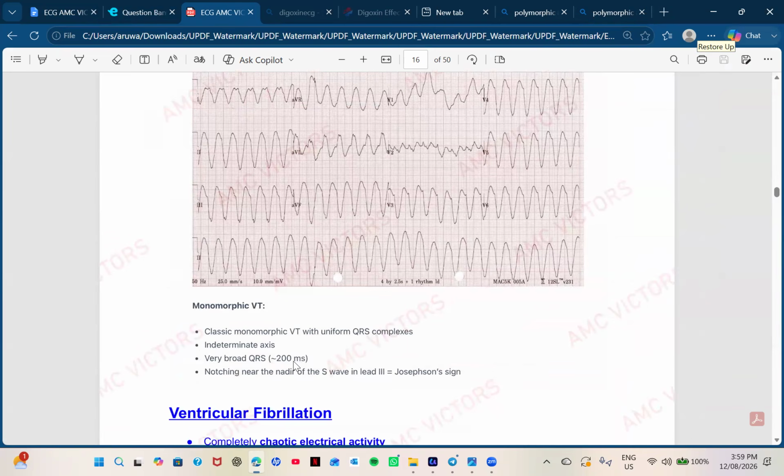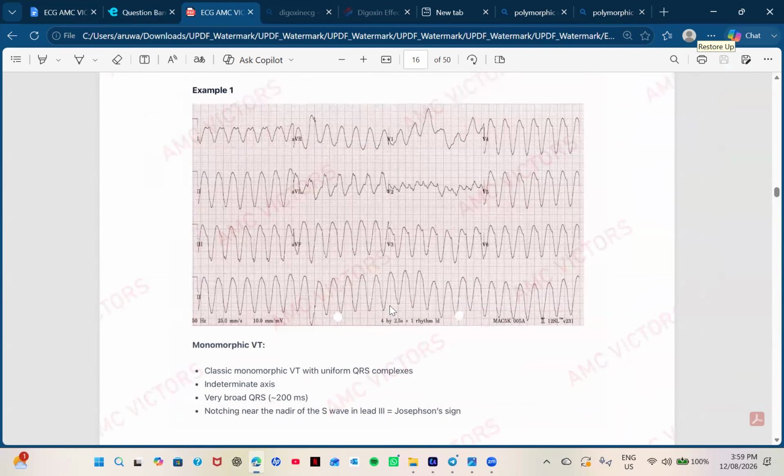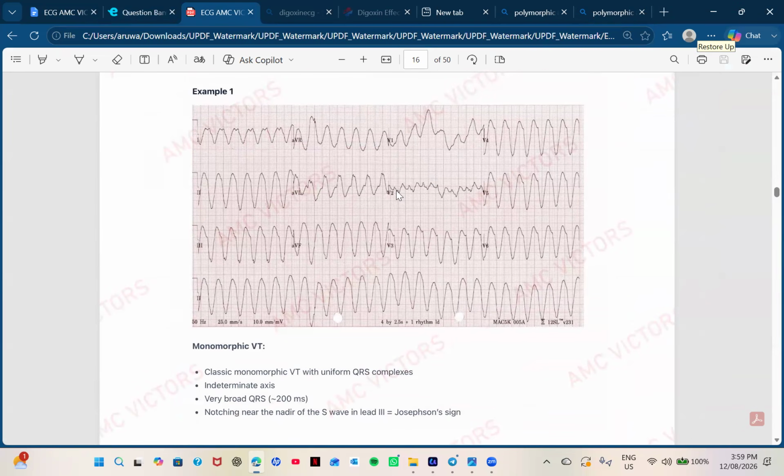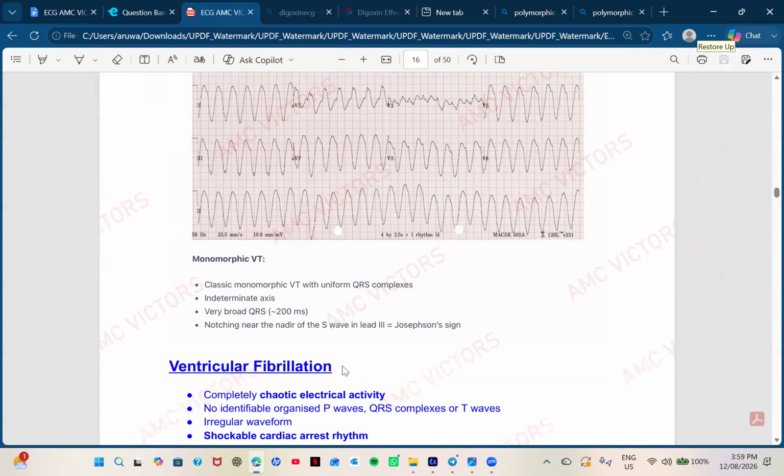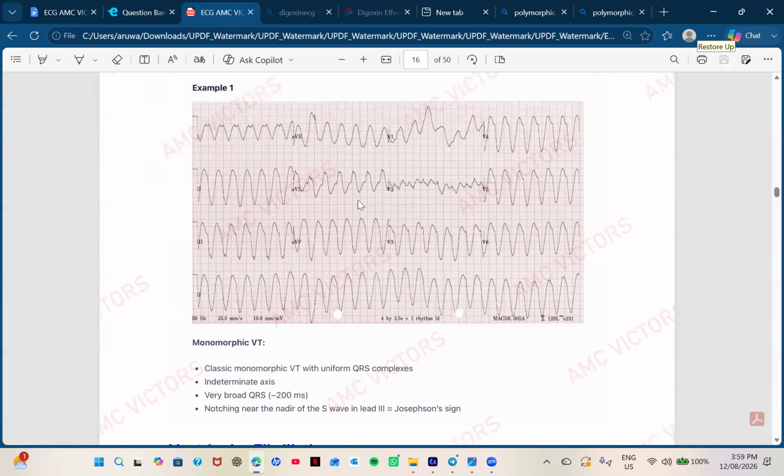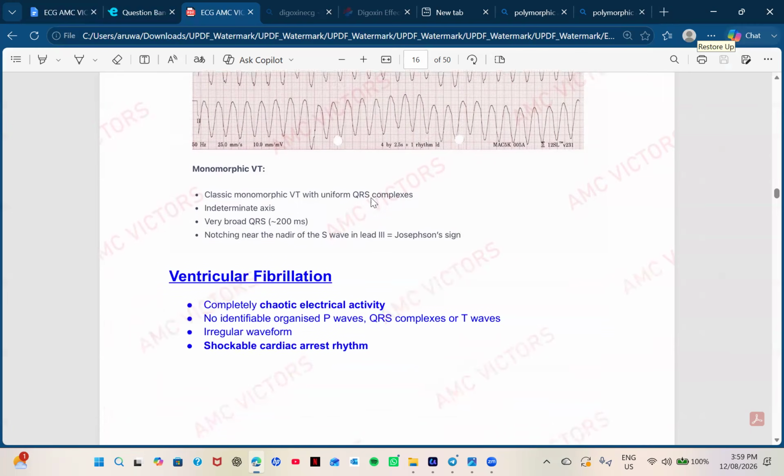Here is the classic monomorphic VT with uniform QRS complexes, but here in V1 and V2 it has changed. In aVF and lead 2 you can see the monomorphic pattern. That's not very important, but just to understand the classification.